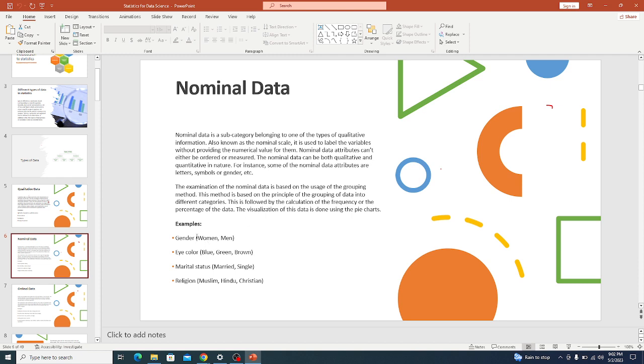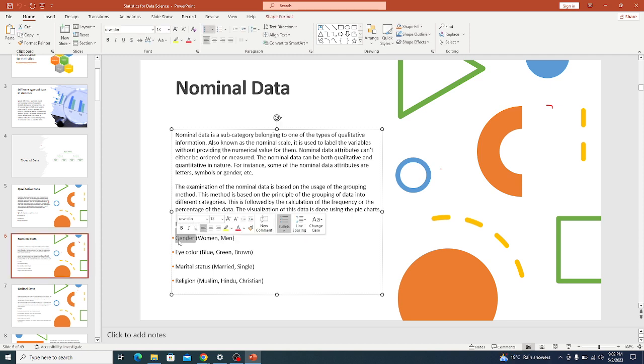For example, we have gender. Under gender, it is now subcategorized, or labeled.